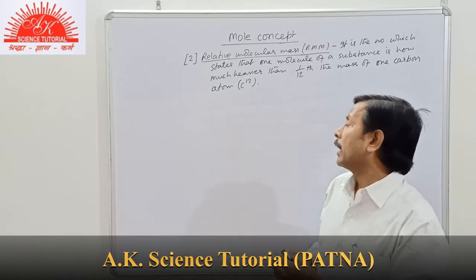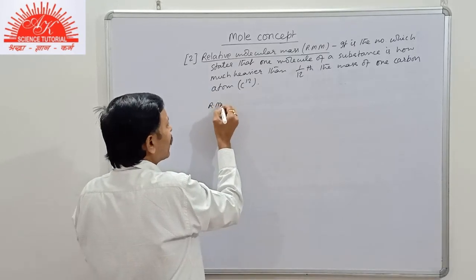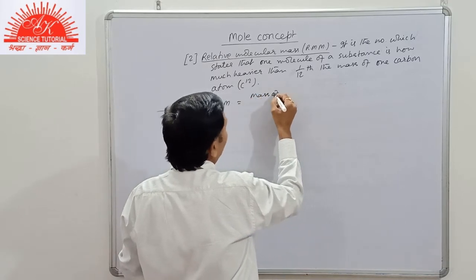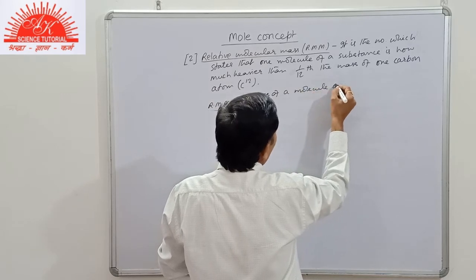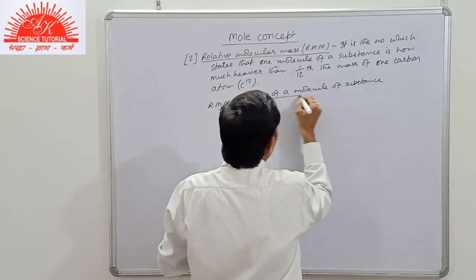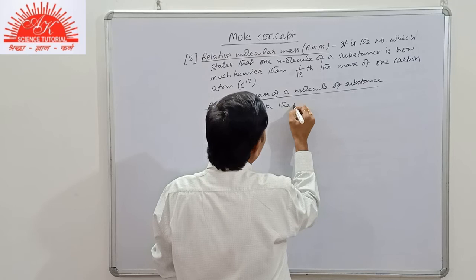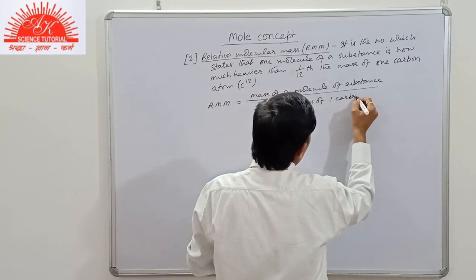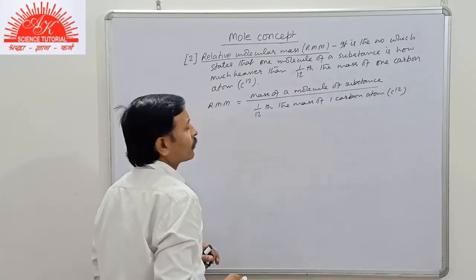Now students, you can see it will be similar. You can write like this: RMM is equal to the mass of a molecule of the substance divided by 1 by 12th the mass of one carbon atom, C12.